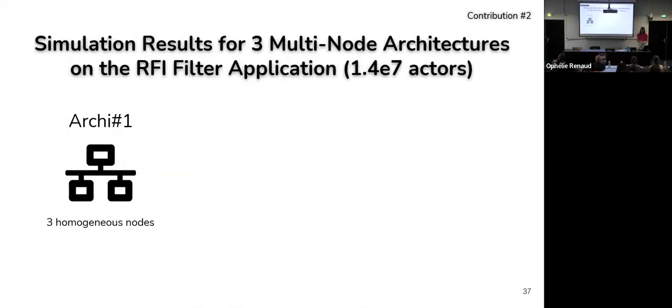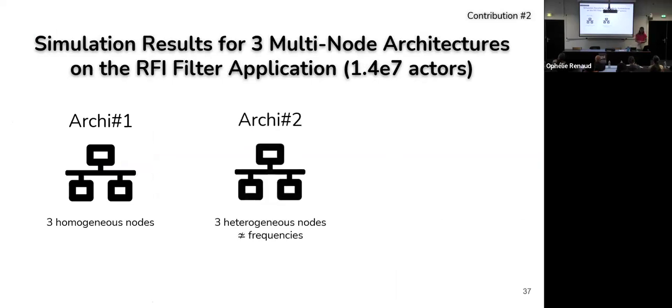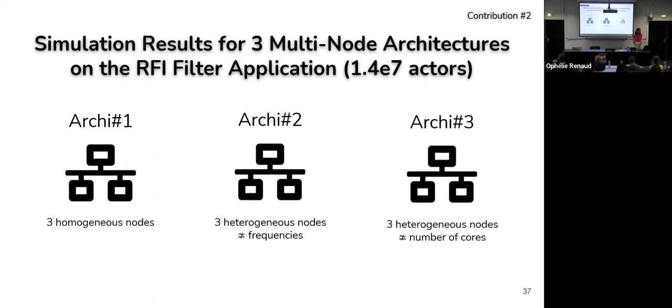I'm going to deploy the RFI filter on three multi-node architectures. The first one is homogeneous. In the second one, only the frequency varies. And in the third one, only the number of cores per node varies.